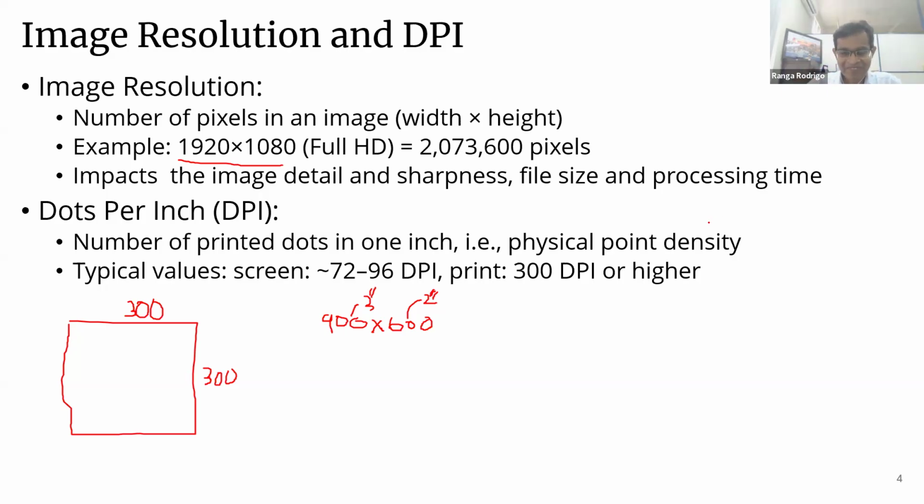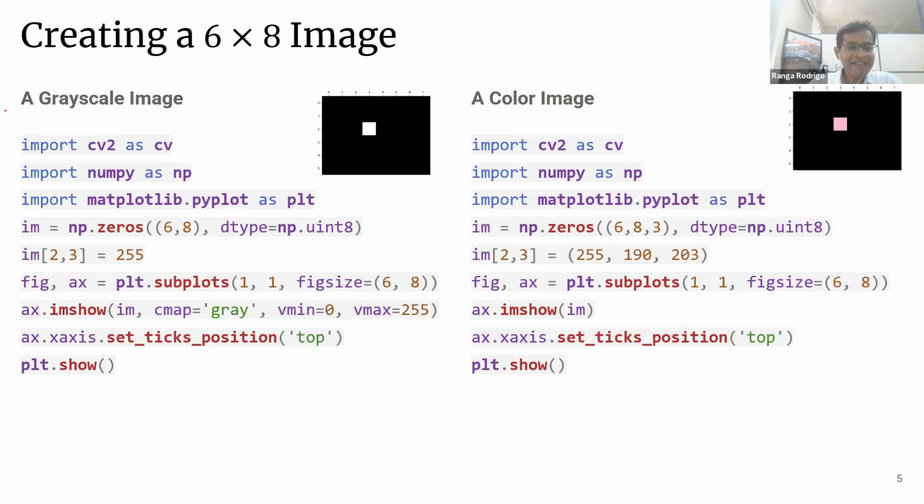Yes. Okay. So then we did this exercise last time. What we did was we created a NumPy array of height 6 and width 8. And we created that using the data type NumPy uint8.